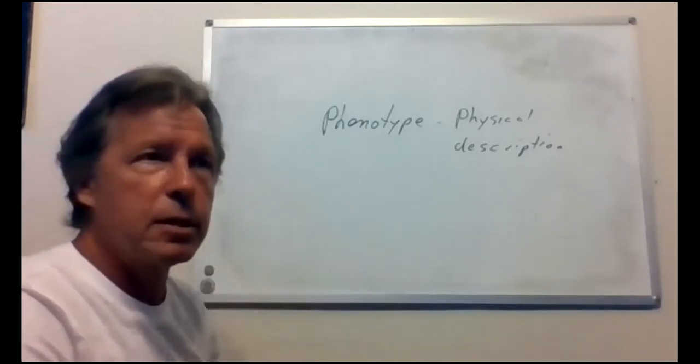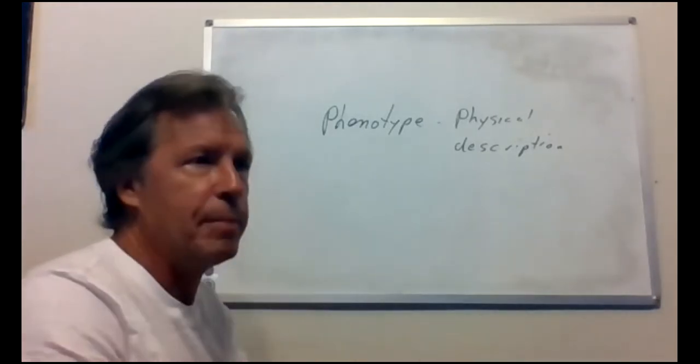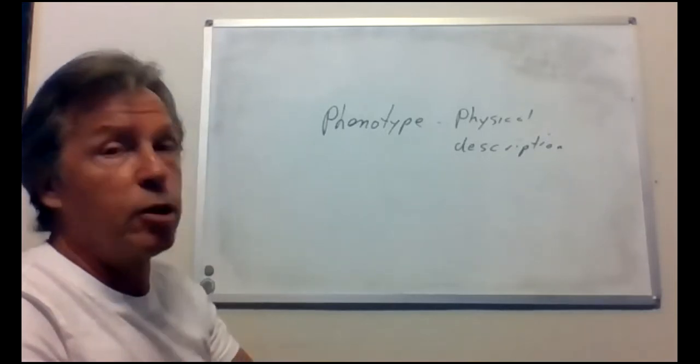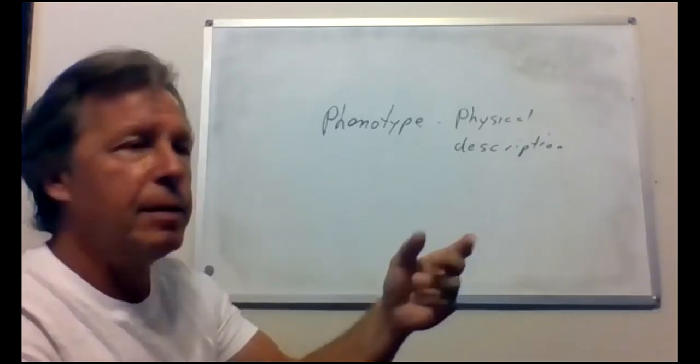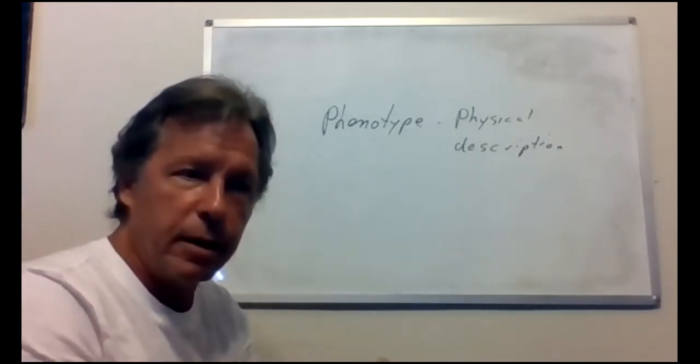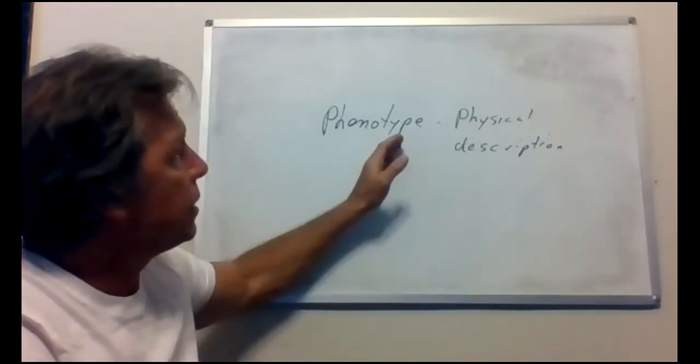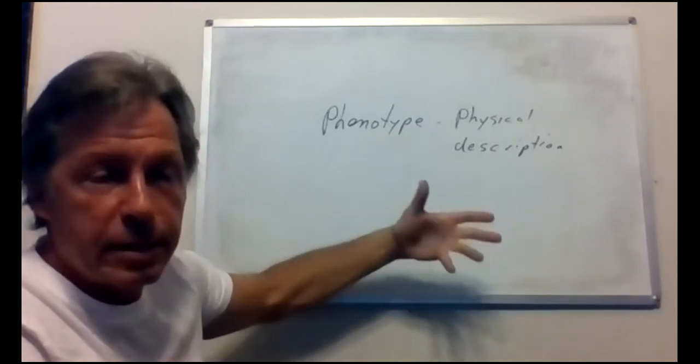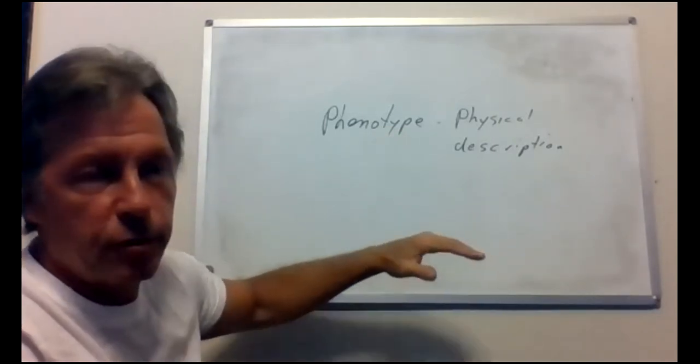And this is going to be important because when we do our cross using the different pea plants, if I take a tall plant and breed it with a short plant, what do I see from that offspring? Okay, that's the phenotype. And that's not going to involve any homozygous or heterozygous because that refers to the alleles.